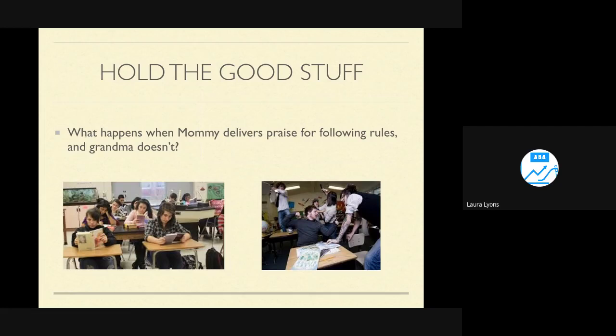But then grandma doesn't, and they're not increasing following rules because they're not earning praise, or grandma doesn't care, or she's occupied with other things. The point I'm trying to make is it's really important to make sure that reinforcement is consistent across individuals so that behavior increases faster. If we have different sets of rules with different adults, it's going to be really hard for children to generalize the skill that they're learning.